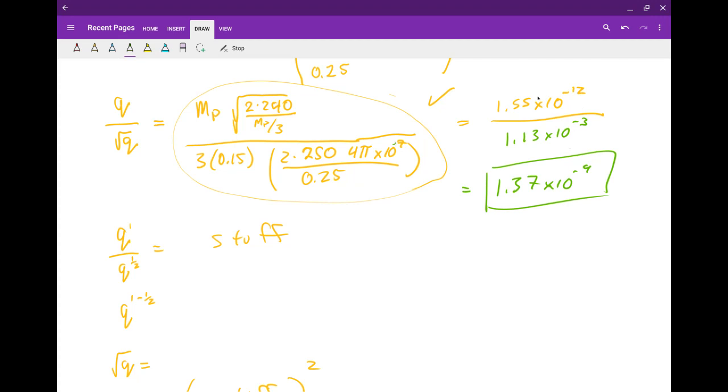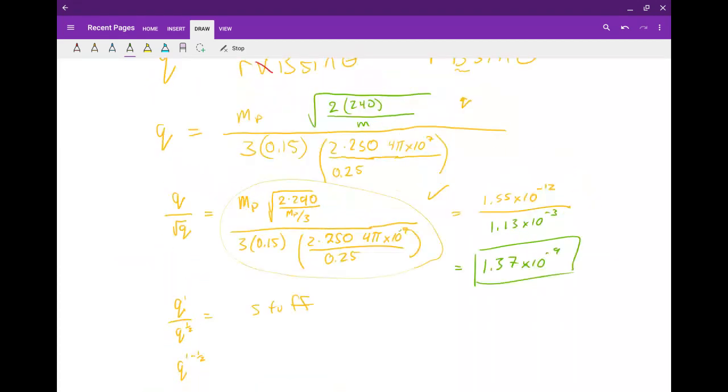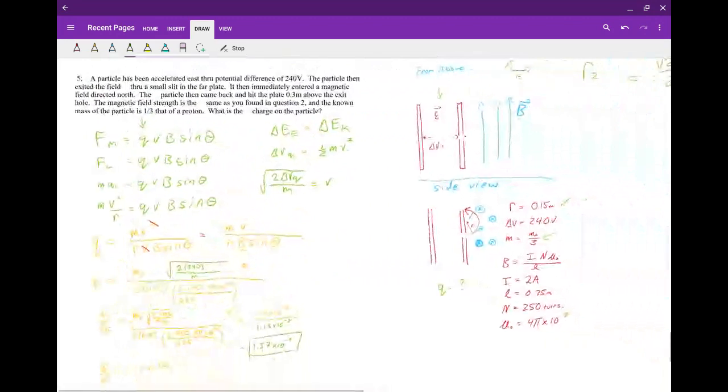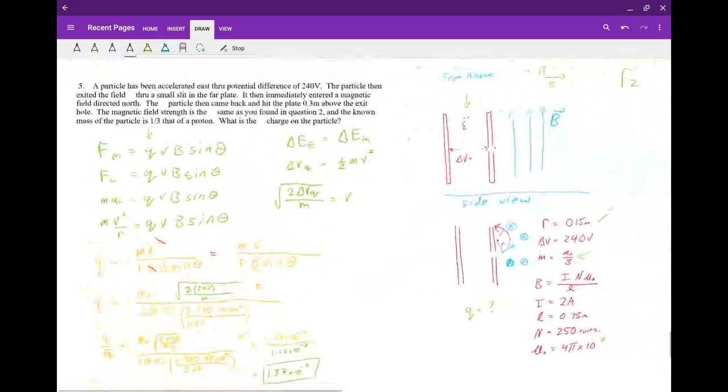And there you have it. So I divided these throughout. I got 1.37 times 10 to the negative 9. And I forgot to square it. So now just square that. And that's the mass of that particle. All right. So again, back to this guy here. All right. Here's the answer. Square it.